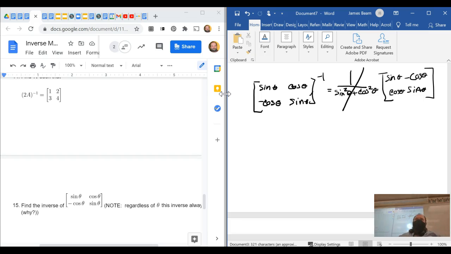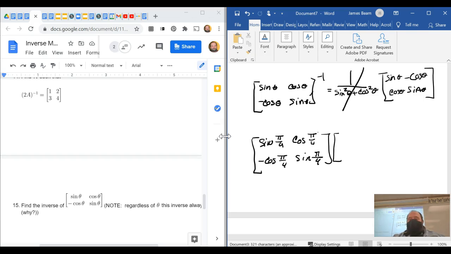So there's a thought. If I put sine pi over 4, cosine pi over 4, negative cosine pi over 4, sine pi over 4, and I multiply that by the point, let's say 3, 4, that will rotate 3, 4 by pi over 4 around the origin.